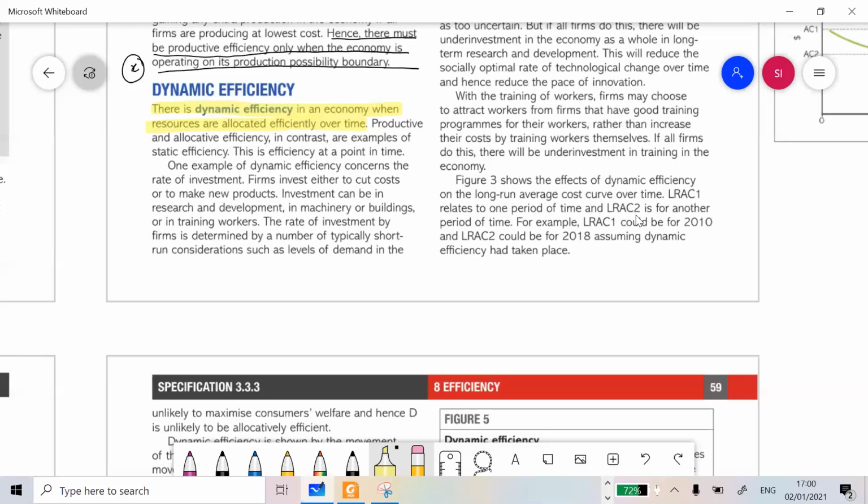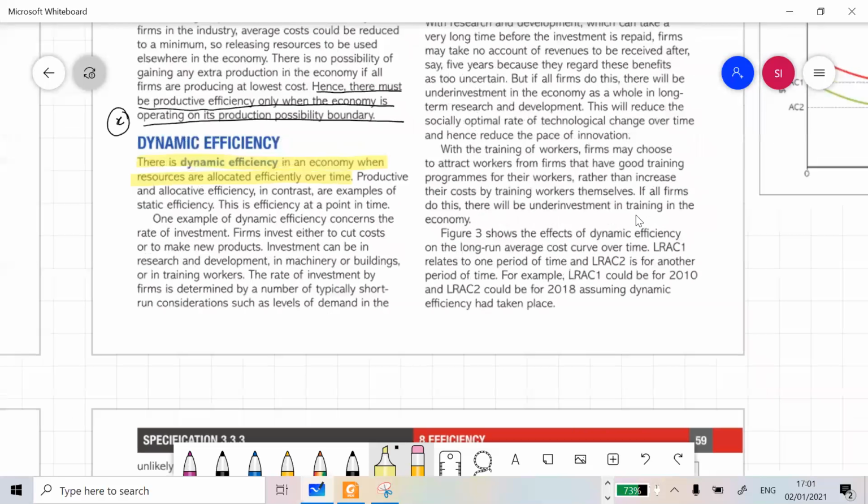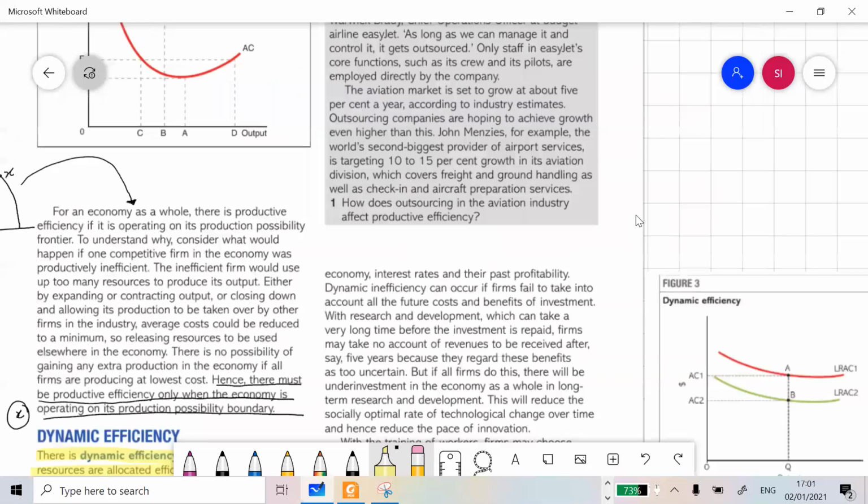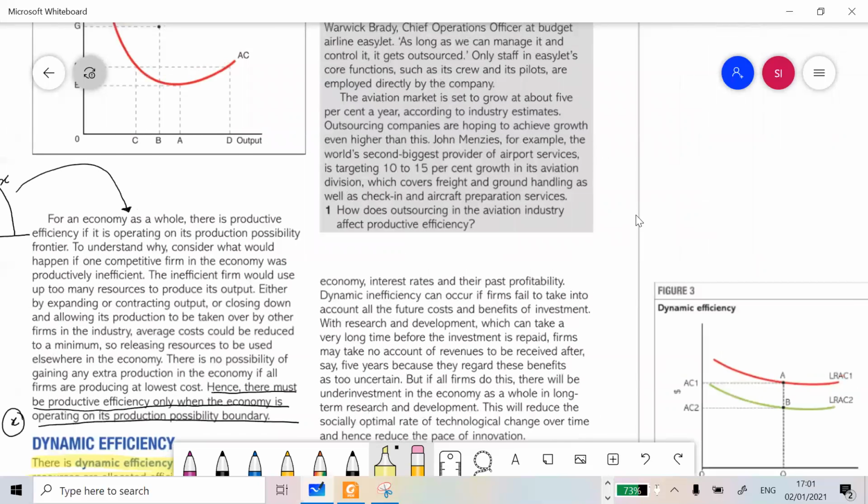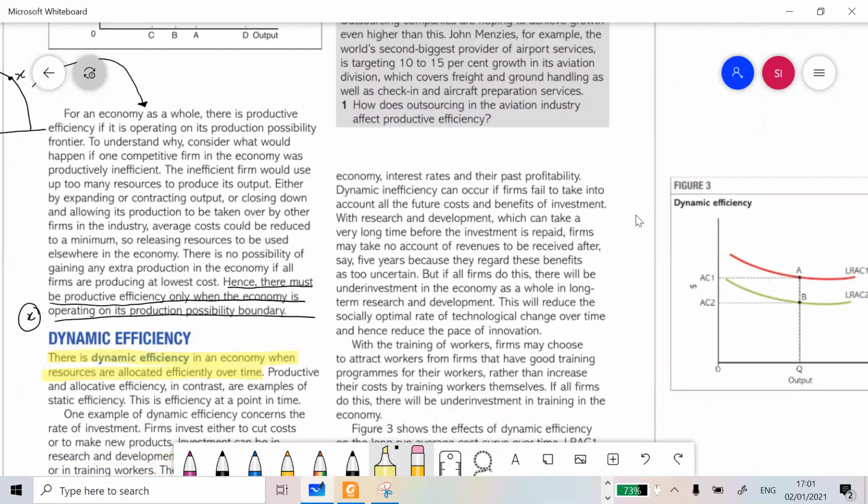They also invest in research and development, in machinery, in buildings, and even in training workers. The rate of investment by firms is determined by a number of typical short-run considerations such as levels of demand in the economy, interest rates, and their past profitability.